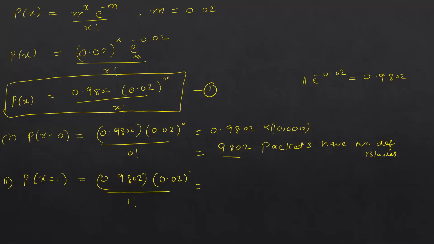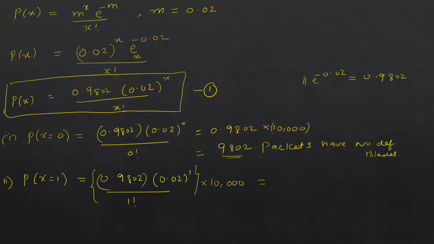How much will you get? 0.9802 into 0.02. So here only I will multiply this with 10,000 also, so that it will be easy for us to get the direct answer.